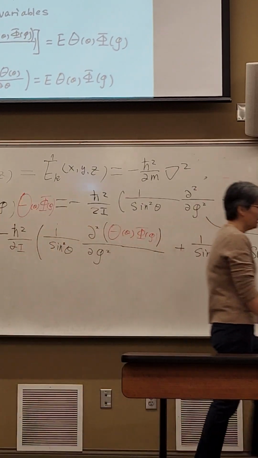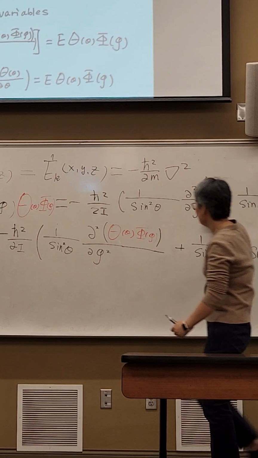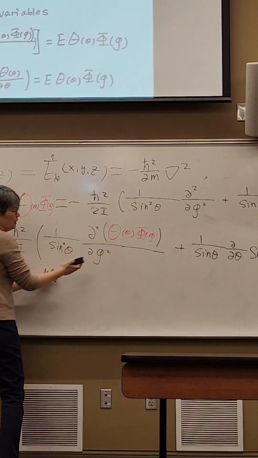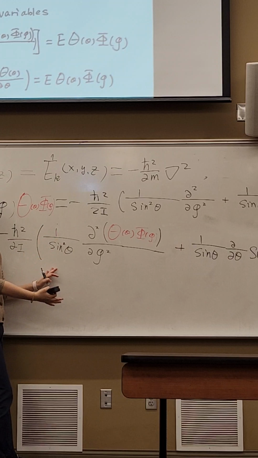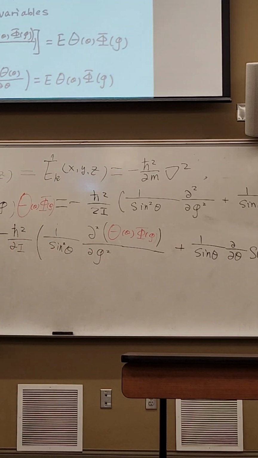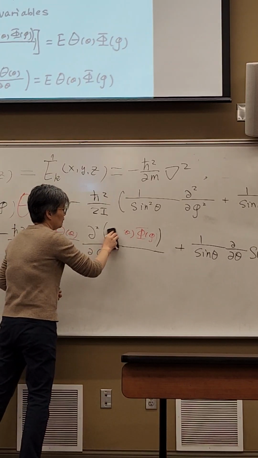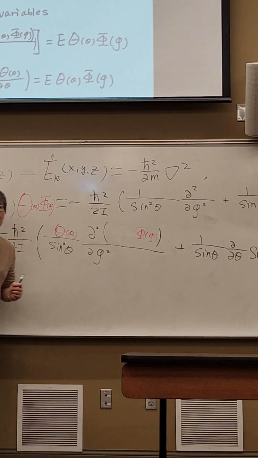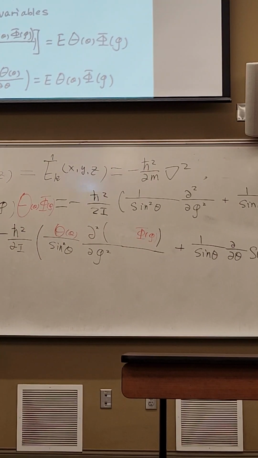So if we treat it as a constant, let me erase this. What we can have is, I'm only thinking about this part, then I can take it out from the derivative, and can we put it here? All right. Now how about this part?